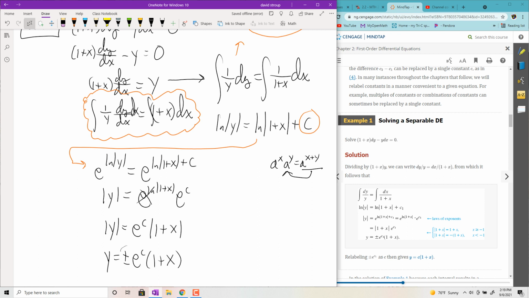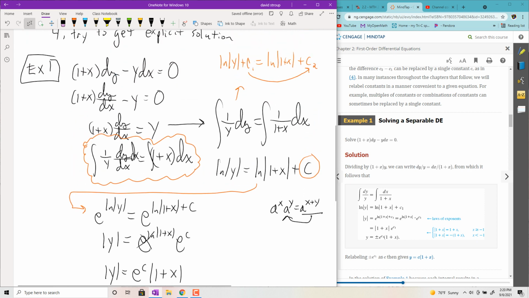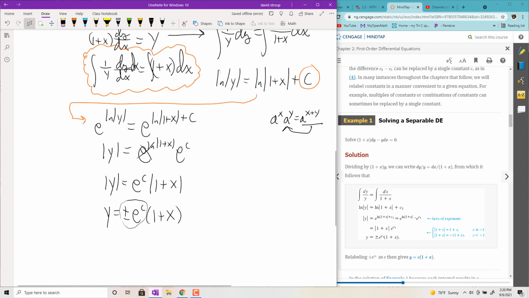And then you could replace this whole thing with a constant c, where c represents any real number, including 0, because at the beginning, if you did not notice, 0 is a solution. Okay, it would work. So you could write y equals c times 1 plus x. Okay, a lot of weird small details going on, but once you get the hang of it, it's like riding a bike. It's no big deal.